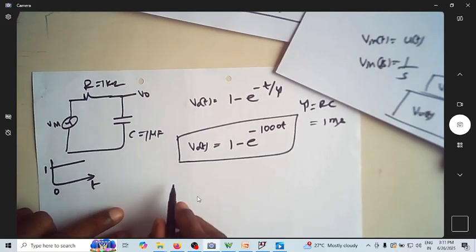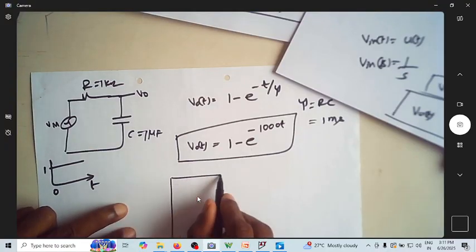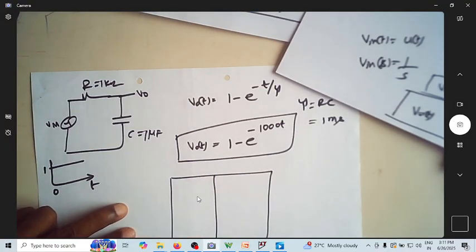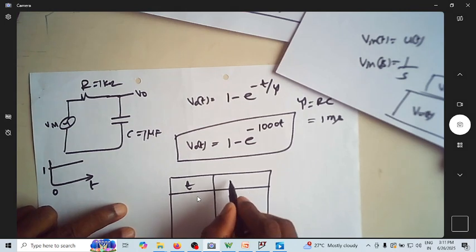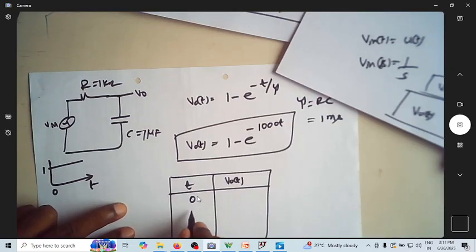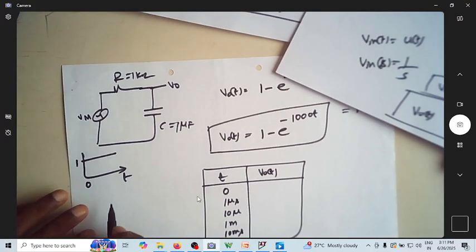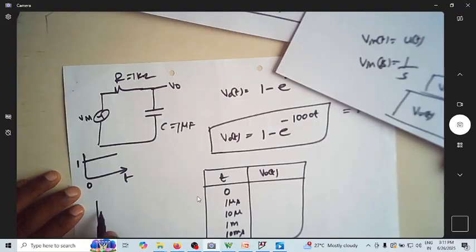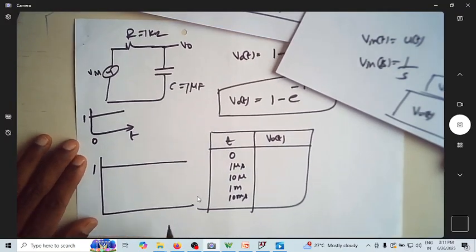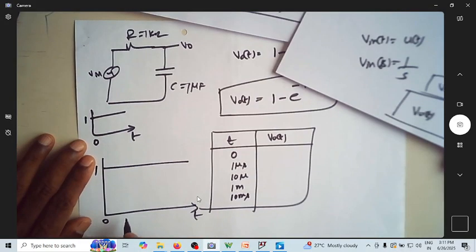Let me try to find the output at different times. Let me find v naught of t at t equal to 0, at t equal to 1 microsecond, maybe at 10 microseconds, maybe at 1 millisecond, maybe at 10 milliseconds. I just want to know the values for an input voltage which is a step input, starting at t equals 0.